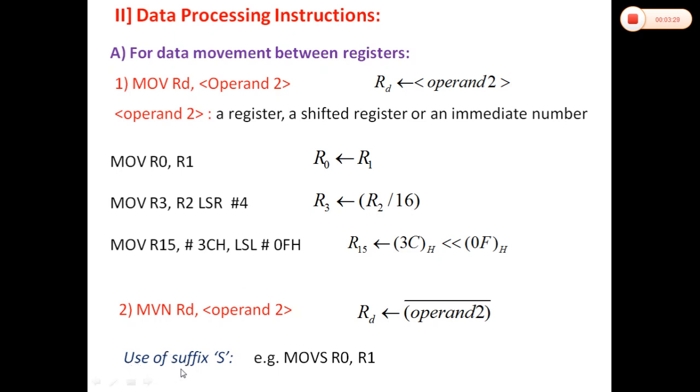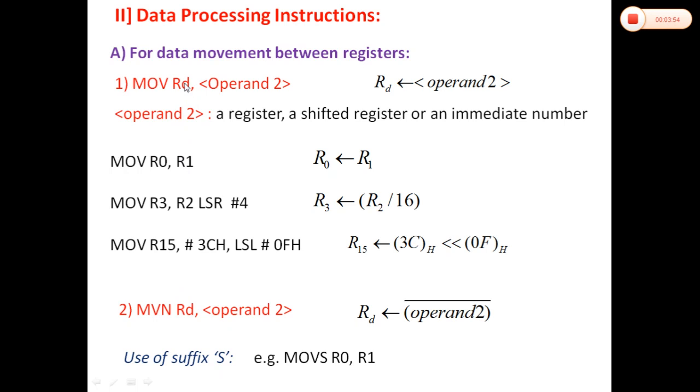Now one more thing to be discussed here is the use of suffix S. Suffix S can be put on any of these instructions. When suffix S is put, then only that instruction affects the flags.